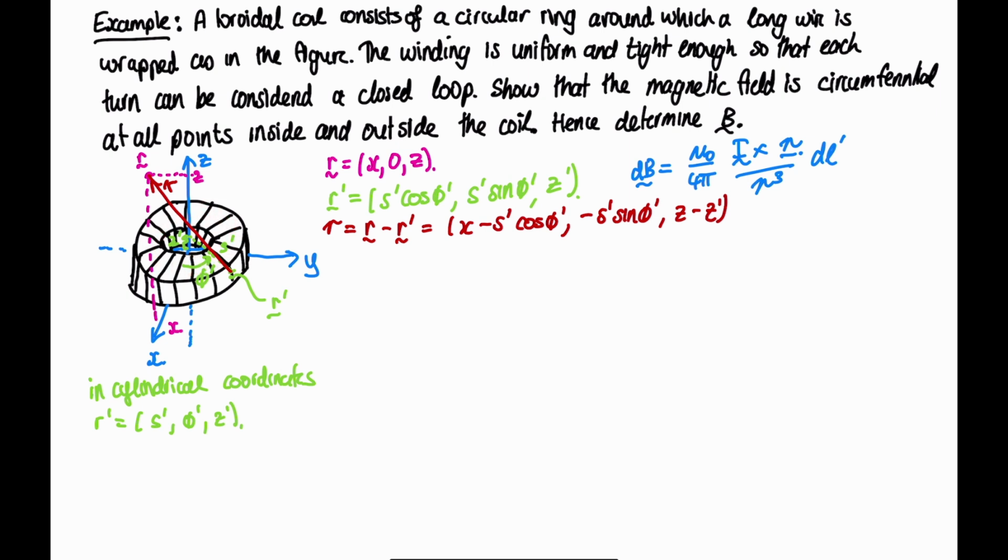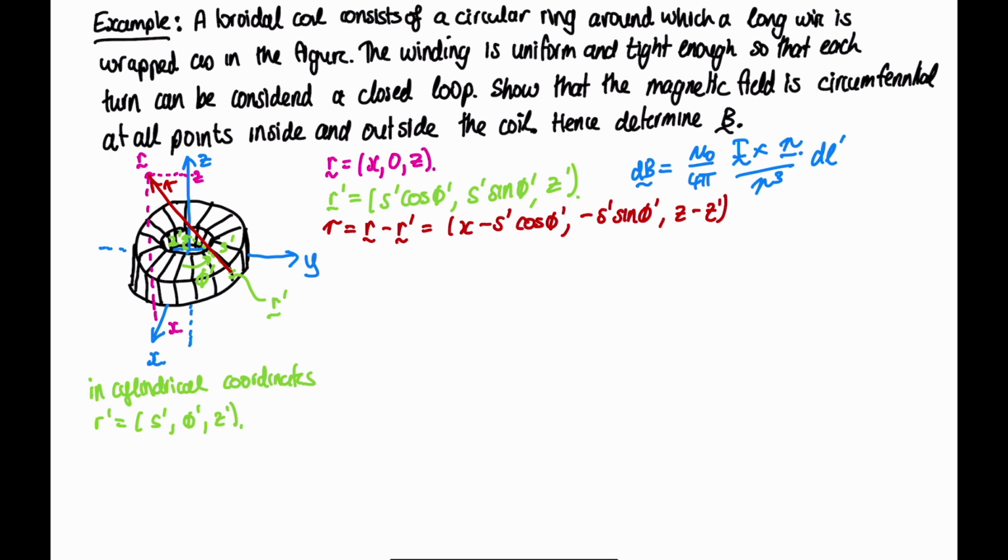So the current is in the radial or the vertical direction, not in the phi direction.